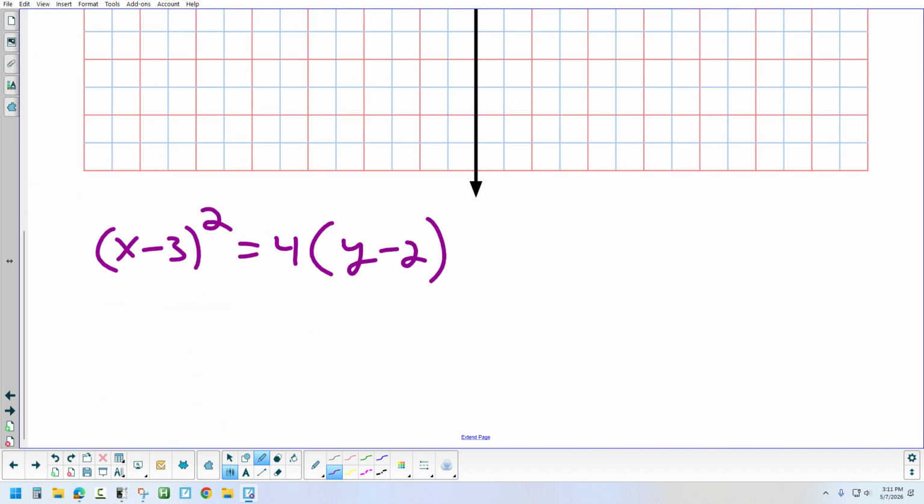What would be your first step to get y by itself? Since that's in parentheses, we can't touch anything inside the parentheses. So we divide by 4? Yep, divide by 4.